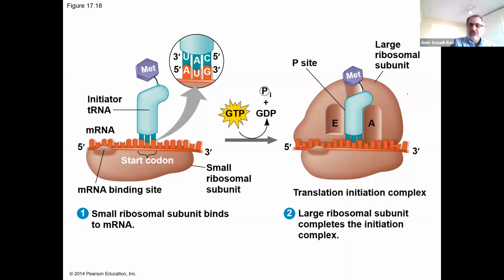Right here, they didn't show you the large ribosomal subunit in this diagram, but it is there. Initiation: methionine, remember that? It has to be AUG. So that's pretty much translation initiation.